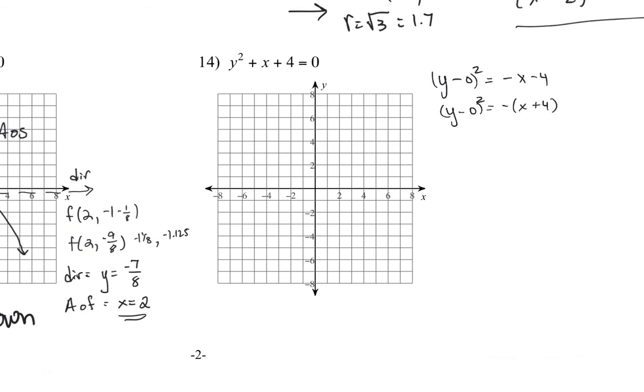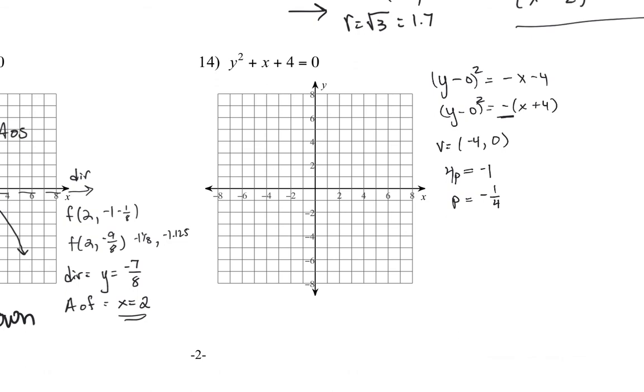Remember, we want to keep it in the same format. So vertex, super nice. It's going to be negative 4, 0. We know that 4 times p, that's that outside part right here, is equal to just negative 1. So p happens to be negative 1/4.